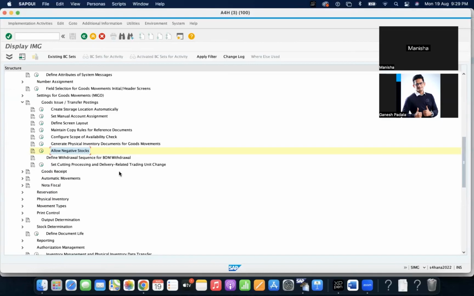Sir, can you say what the use of negative stocks is? Generally in production locations, the GR process is still happening, or they do it once a day. There is a concept called backflush. So physical stocks are coming and the GR is not yet complete in the system, but they are sending them to the production line. During those processes, maybe a 3-4 hour time difference may be there.